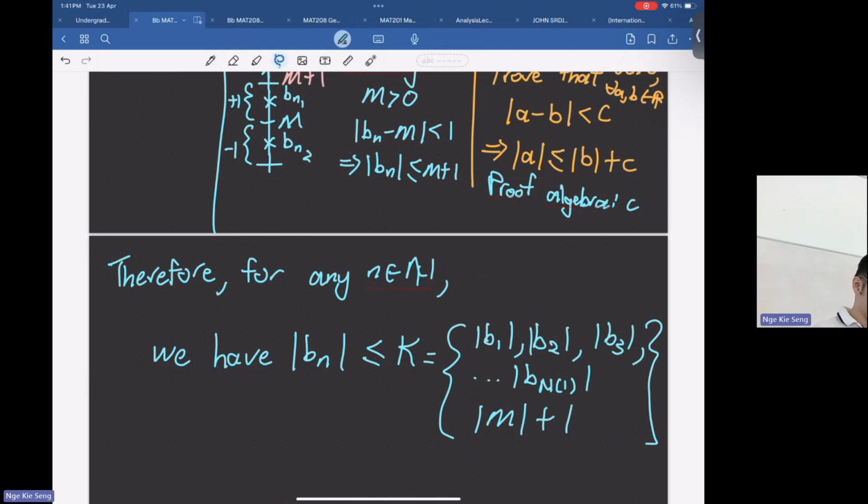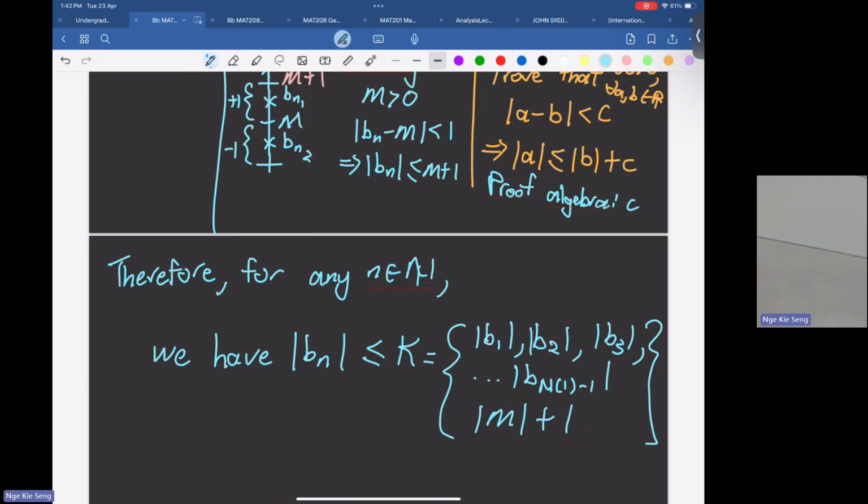Actually, when n equals n of epsilon 1, it is already smaller than or equal to capital M plus 1. So to be precise, we can take one fewer, all the finite guys that are not within epsilon of the limit. So this capital M plus 1 here is the absolute value of your limit plus the epsilon of 1.